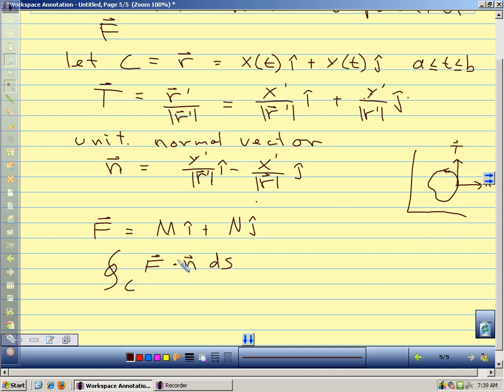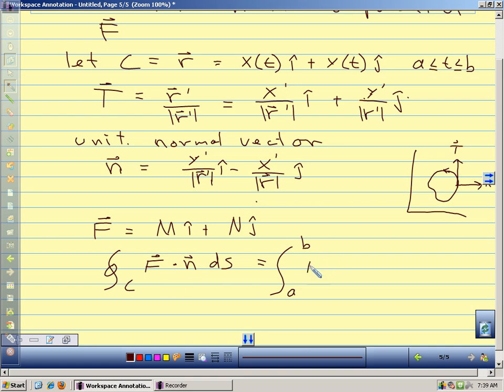the component of F in the direction of n. So we're looking at this line integral, and we're going to use what we have here to express this dot product. This is equal to the integral from a to b, and this is a scalar line integral because F dot n is a scalar.